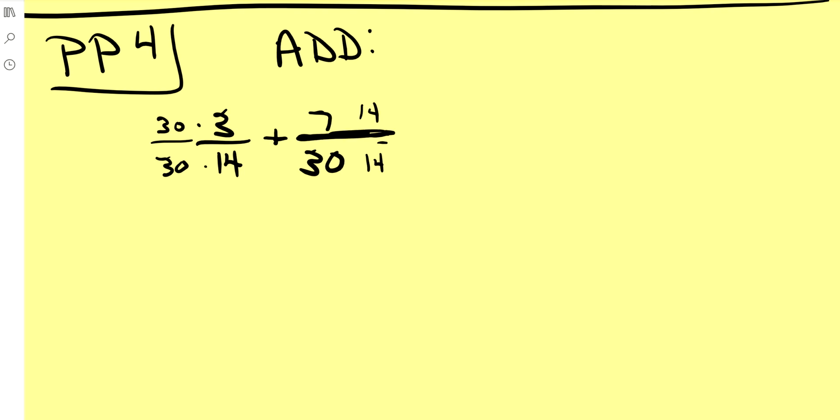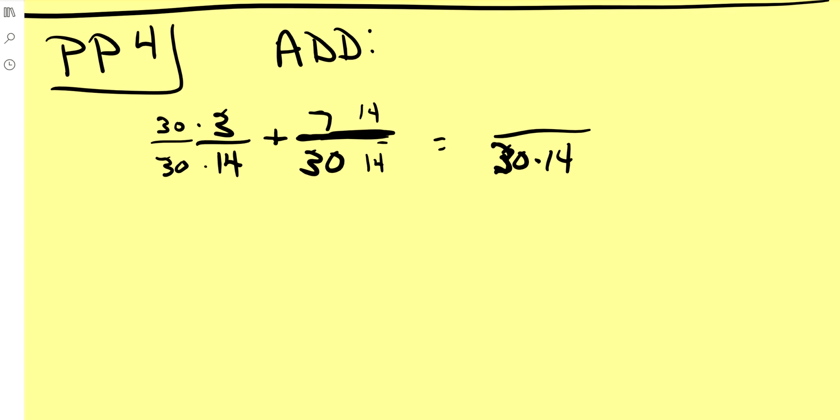All right, so let me mess that up a little bit here, and I'll bring it over here. So this is what I've got so far. I haven't done anything. I just know my denominators are the same now. Isn't that correct? That is correct. So I'm going to bring over the denominators, and notice I'm not multiplying them together. I'm just going to bring over 30 times 14, just like that.